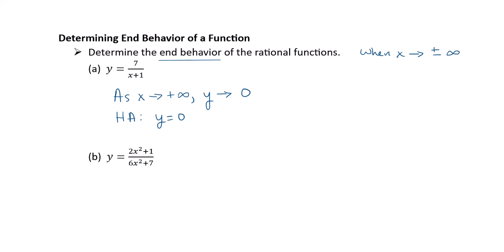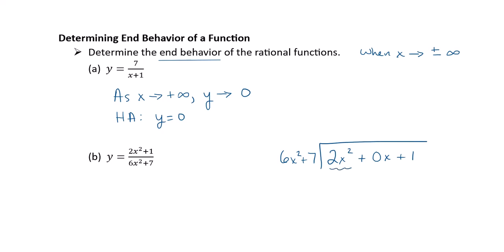Beyond this, we can try a different type of strategy. Remember, this is a rational function where the top polynomial is being divided by the bottom polynomial. So let's go ahead and divide this. I have 2x squared plus 0x plus 1 being divided by 6x squared plus 7.